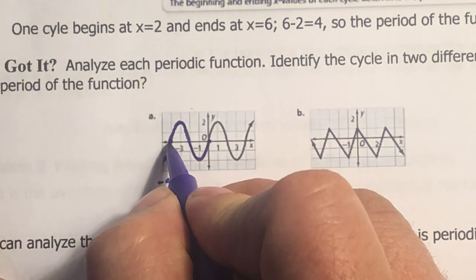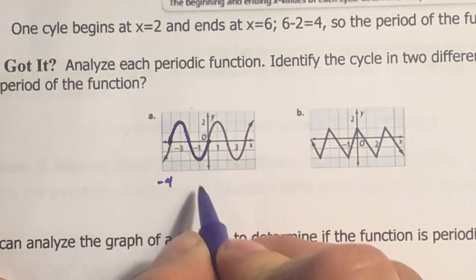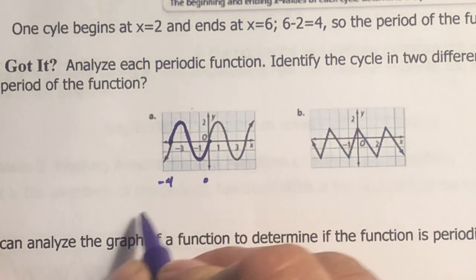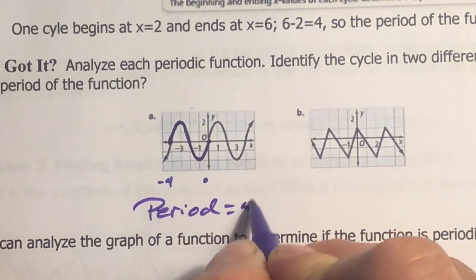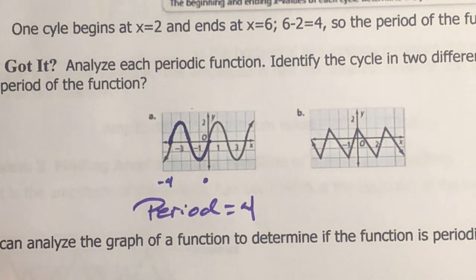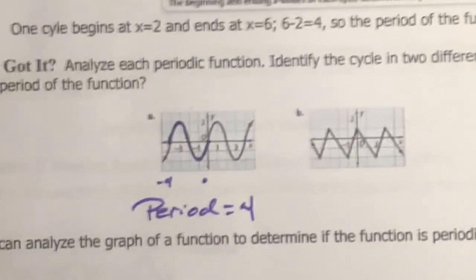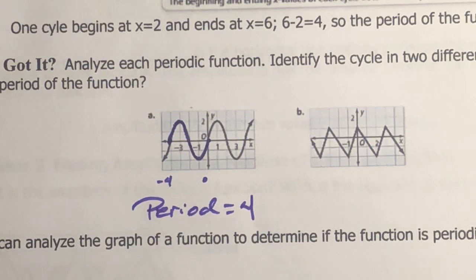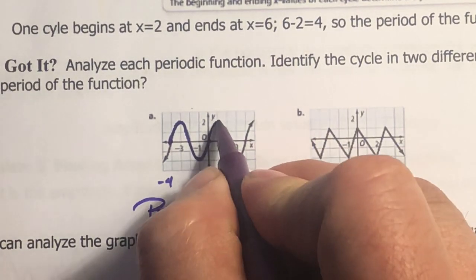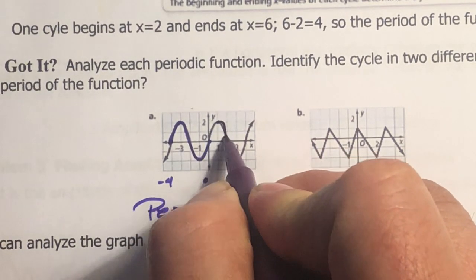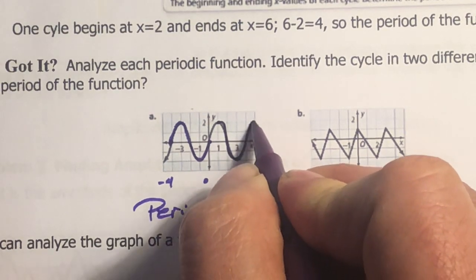I went from -4 to 0, so we would say that the period is 4. And to represent it in a different way, I could start up here and go down and around and stop.